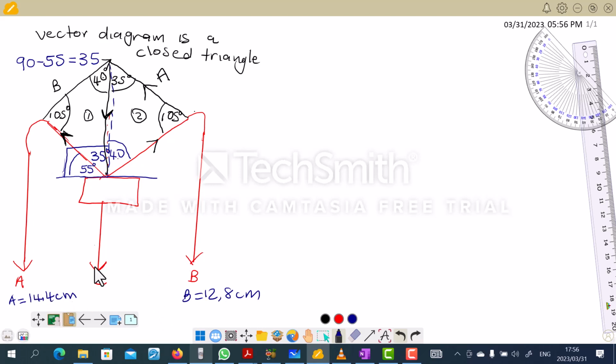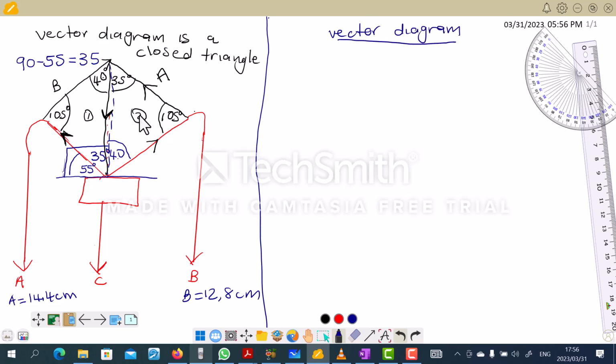Now, how do you draw a vector triangle? How do you draw a vector diagram? That's what we are going to draw now. I'm going to choose triangle 2. You can choose triangle 1 if you want, but I prefer triangle 2 in my case.